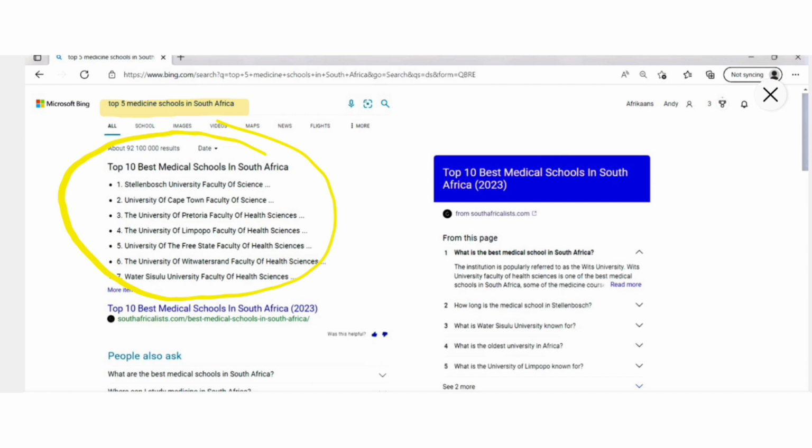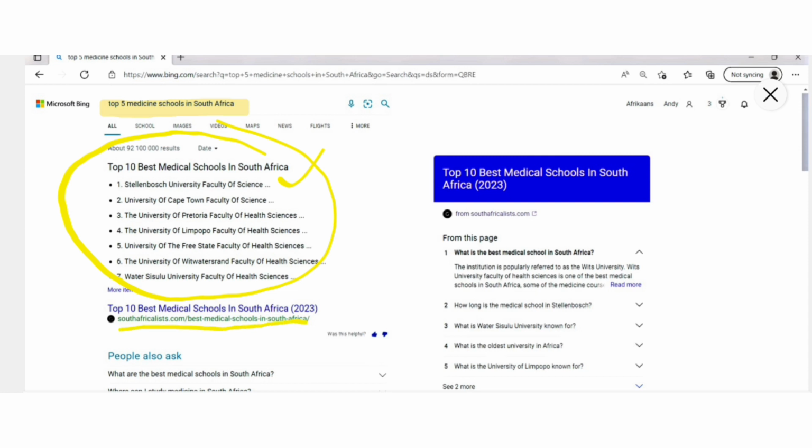The purpose of this exercise is to allow you to know which is the best school in my country which offers the course I desire to study. It's very important to study at the best school. That's the most important thing. It will not make sense to say, I just want to study at university number 8 because it's close to me, but it's more sensible to say, let me go study medicine at Stellenbosch because it's the number 1 university at the moment.